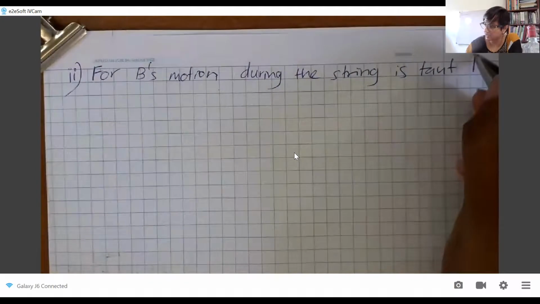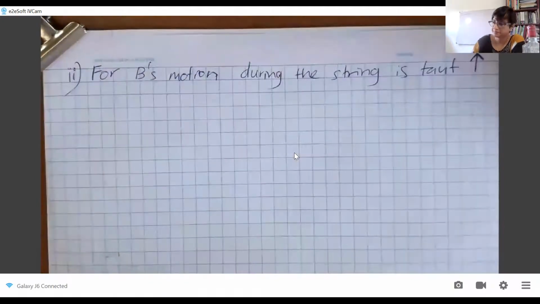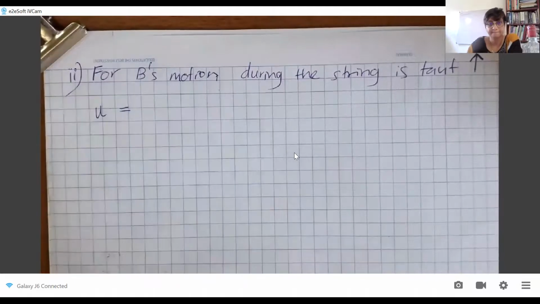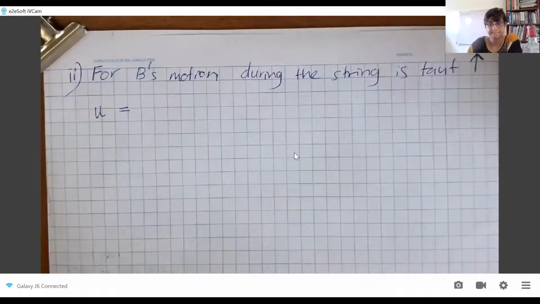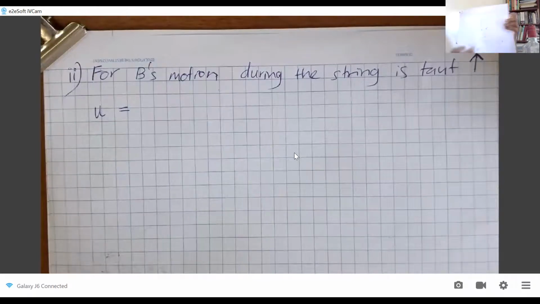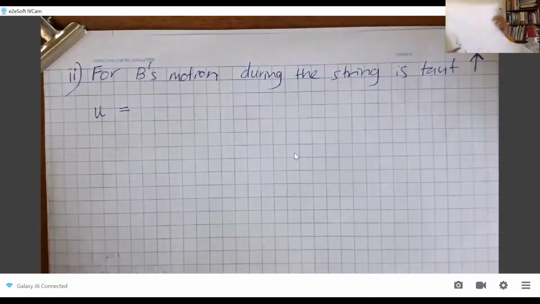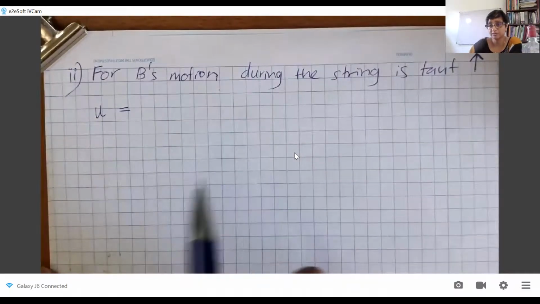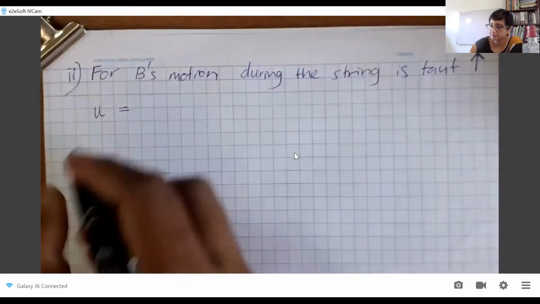it's moving upwards. What's the initial speed? From the beginning till A hits the ground, for the motion of B, what's U?